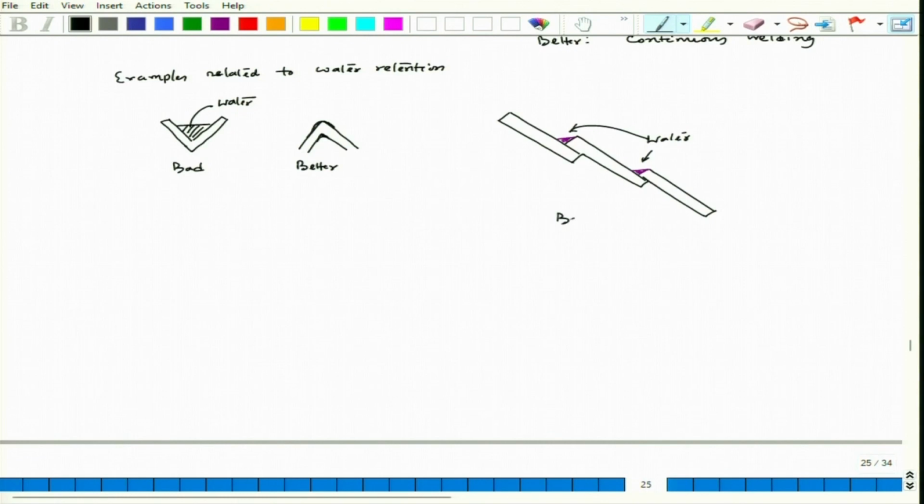So, this is bad, better design: the retention points are out, and you can make it a little rounded.